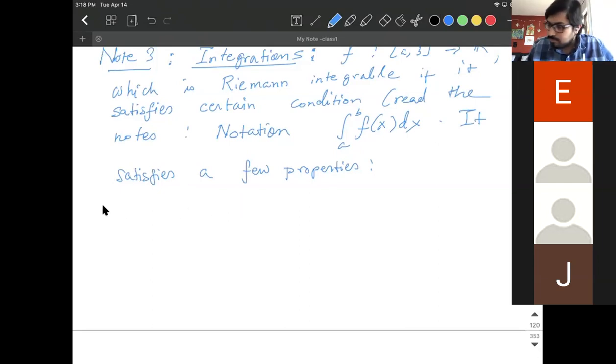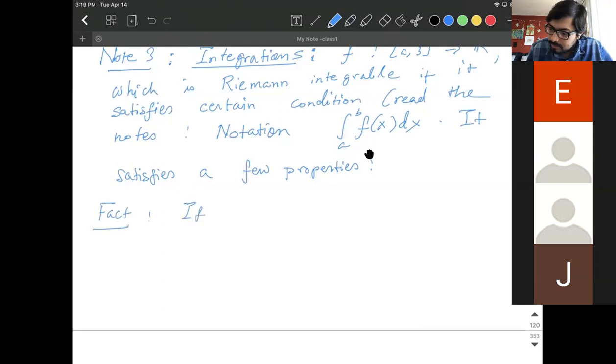Now, one property which I want to state here, and we are going to use it later, is on page 4 of VC3, the last theorem. So this is something I want to state.